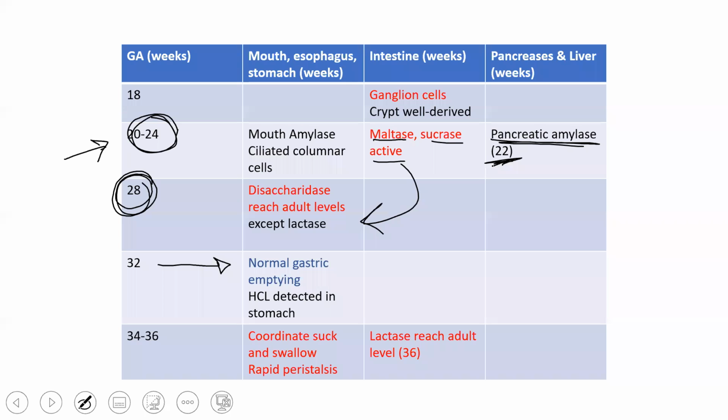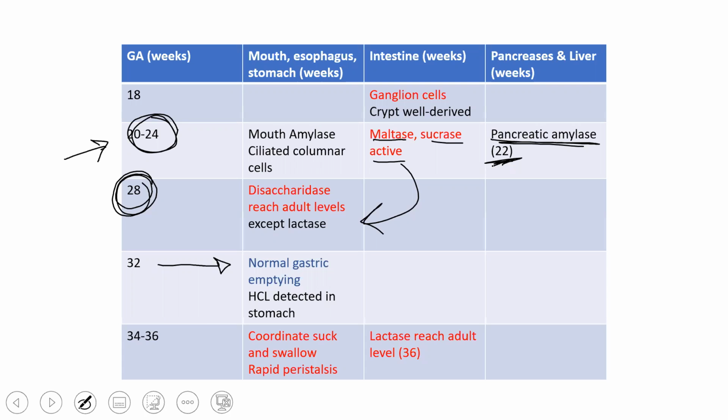Before that, we have slow gastric emptying time, and that's why sometimes babies are not absorbing the milk. Sometimes they have reflux-type symptoms, because the more premature the baby, the more likely to reflux. One of the causes is delayed gastric motility and slow gastric emptying. There are a lot of factors contributing to gastric reflux.